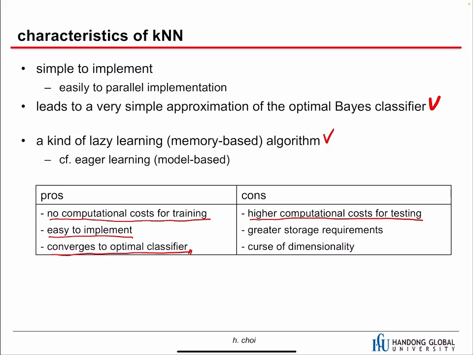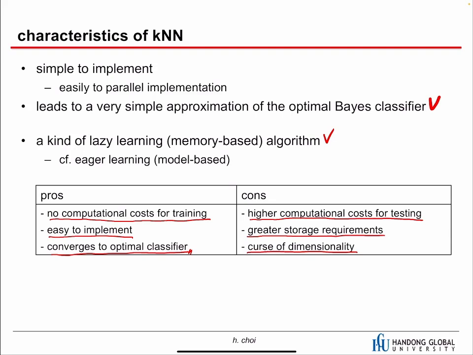And we need greater storage to store all the training samples. If we increase the number of samples, then we need more memory space. And there is the curse of dimensionality, because KNN is not learning any kind of pattern from the training samples.